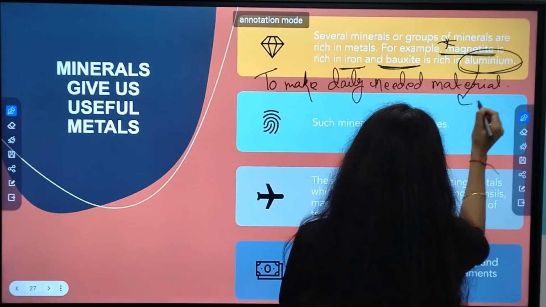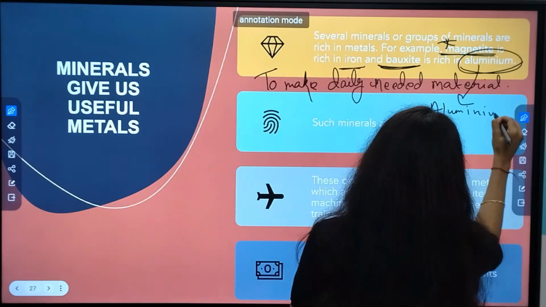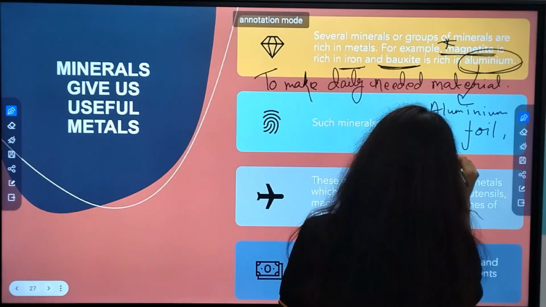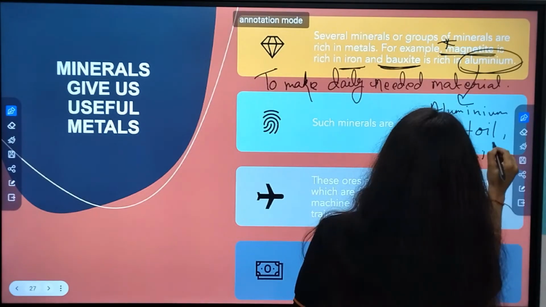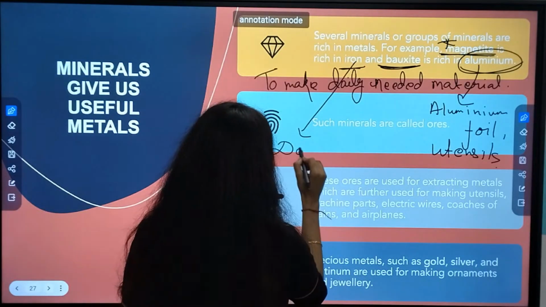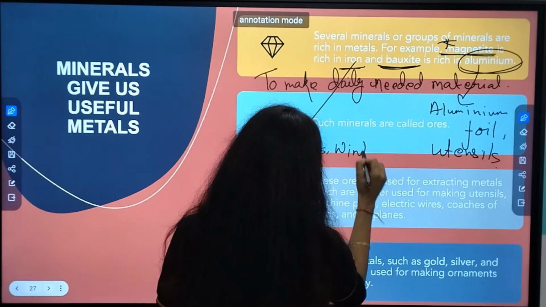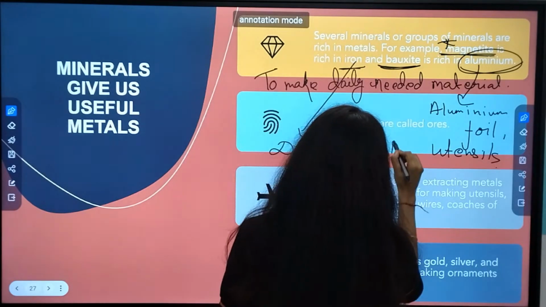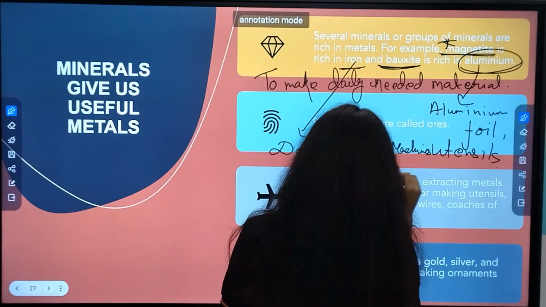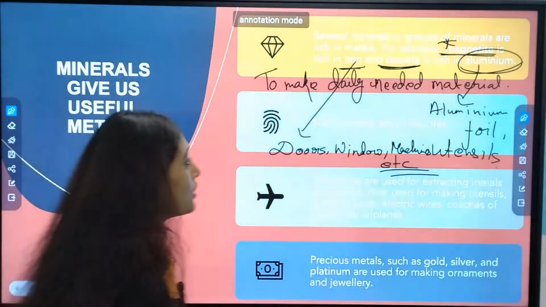You have heard aluminium foil, utensils. Then iron is used to make doors, windows, machines, etc. Such minerals are called ores.